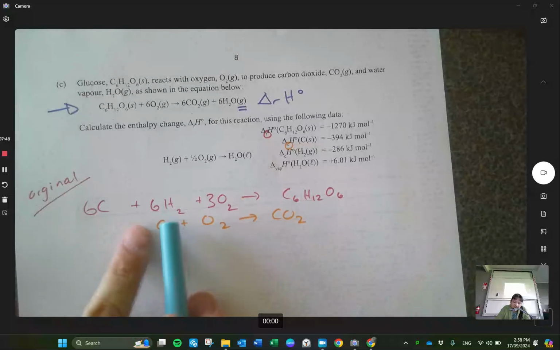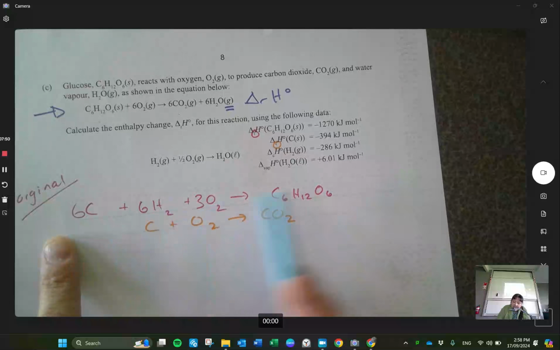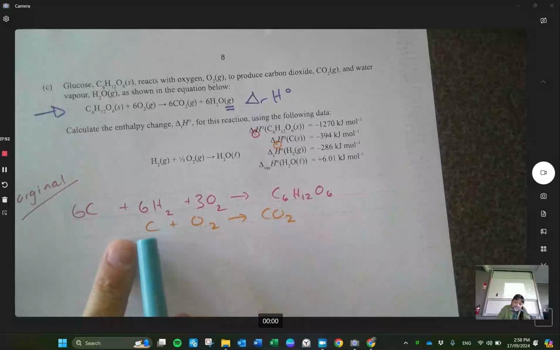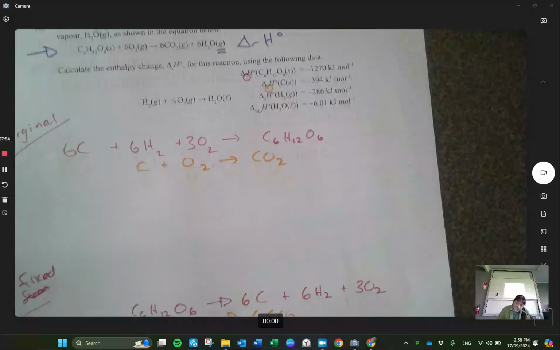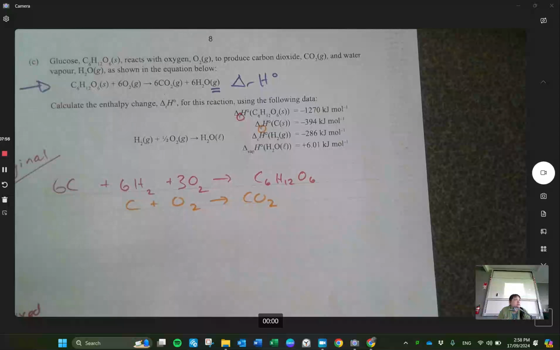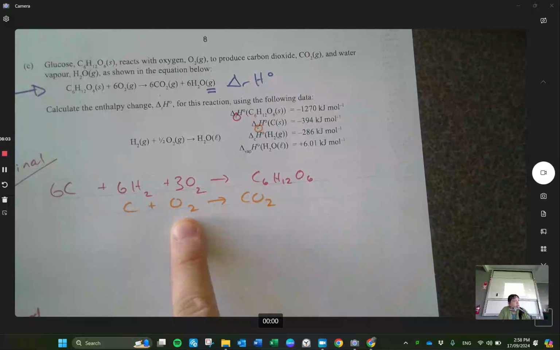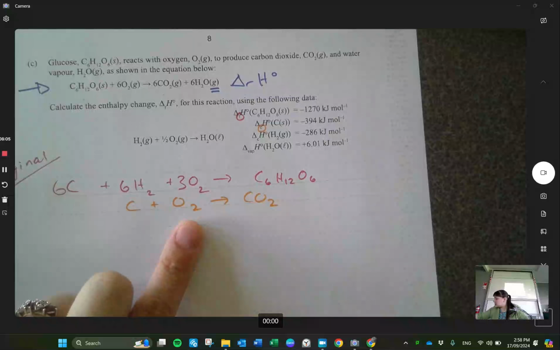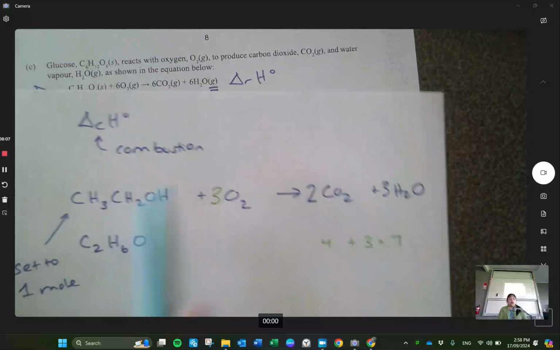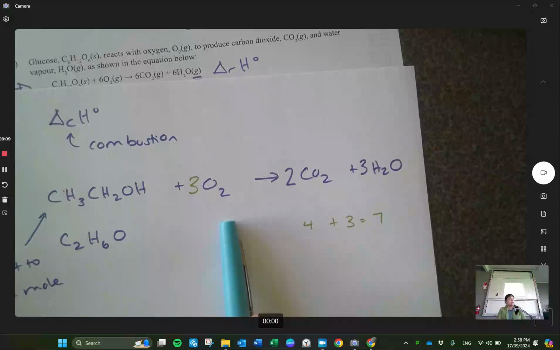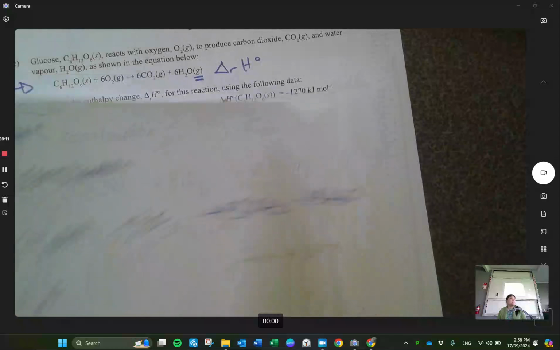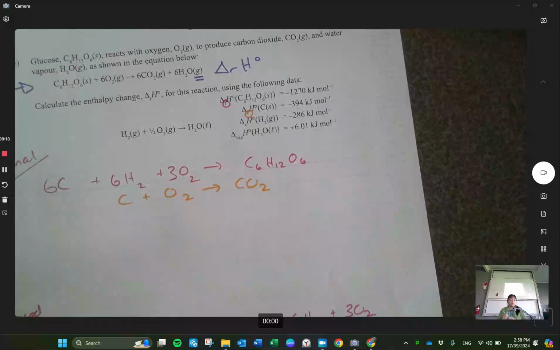So this is solid, gas, gas, solid, solid, gas, gas. So that's fine. It's fine if it's solid. Combustion. This one? Yeah. The rule for combustion is you are burning a substance in oxygen. So that's where I'm pulling it from. I'm assuming there's oxygen in the environment.